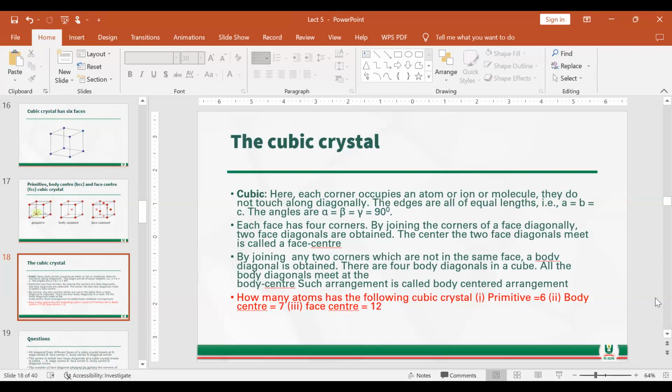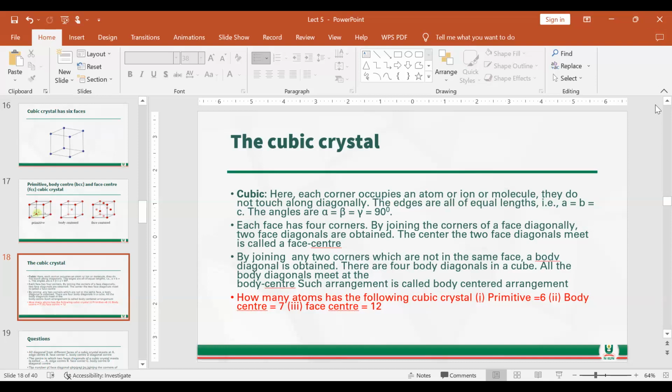The point where the 2 diagonals meet is called the face center. By joining any 2 corners which are not in the same face, a body diagonal is obtained. There are 4 body diagonals in a cube. All the body diagonals meet at a point called the body center. Such an arrangement is called a body-centered arrangement.